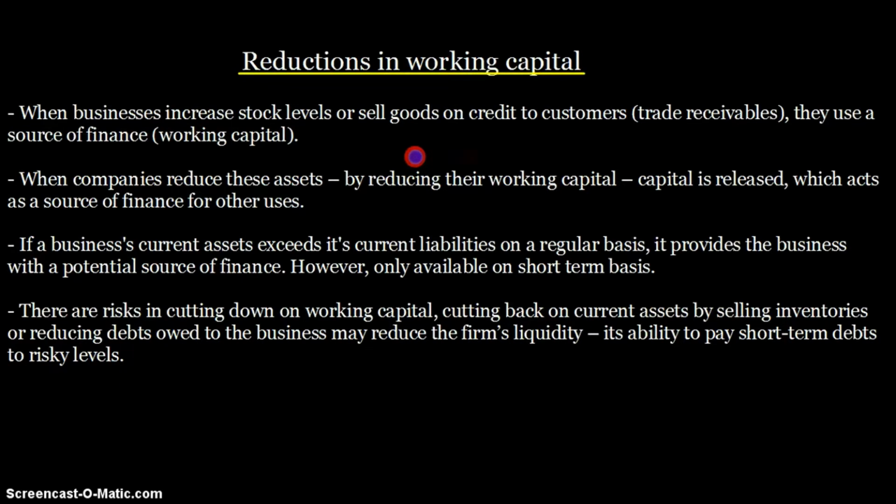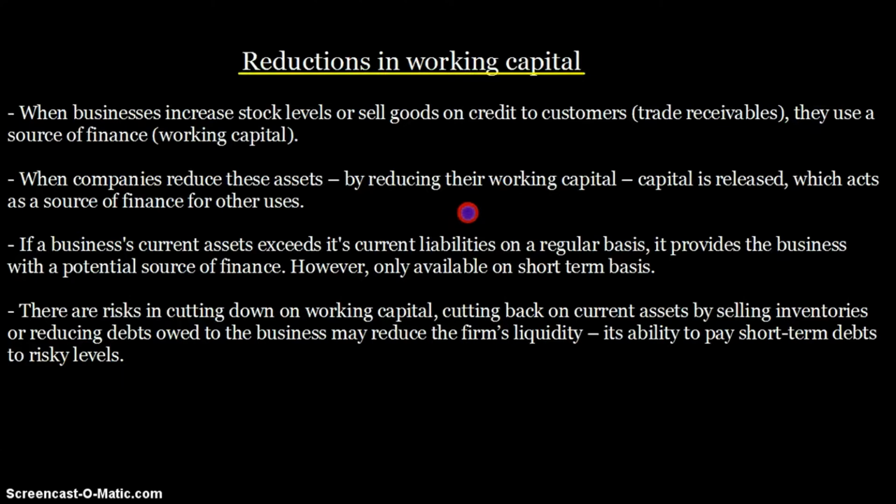When businesses increase stock levels or sell goods on credit to customers, they use a source of finance, that is their working capital. You are increasing your stock levels, that is you are increasing your current assets, so you are using up your working capital. You are selling goods on credit to customers, you are prolonging that credit term, so that is also using up your working capital. When companies reduce these assets by reducing their working capital, capital is released, which acts as a source of finance for other uses.